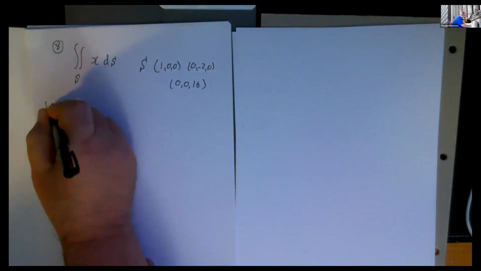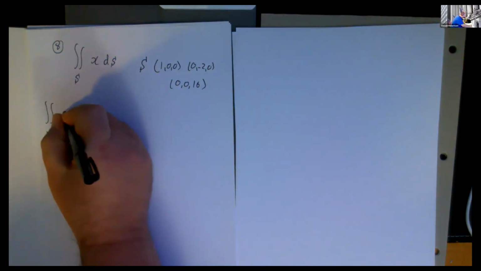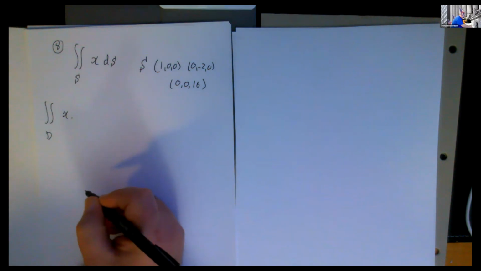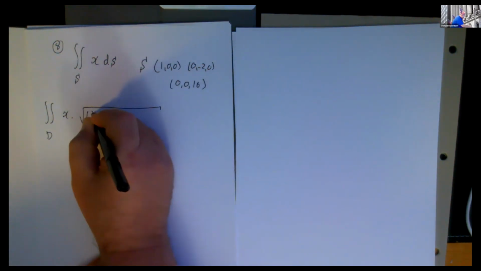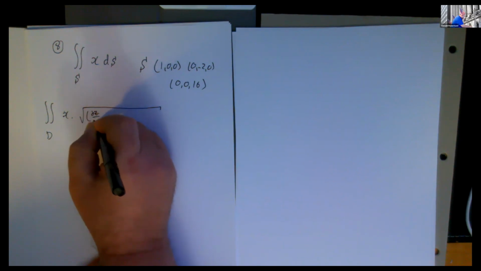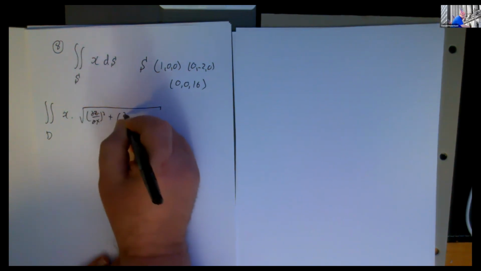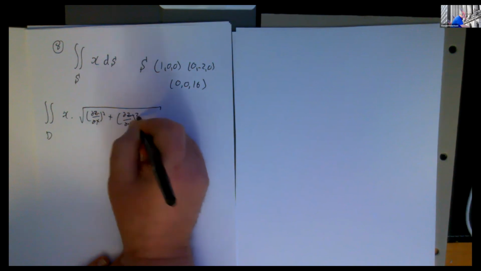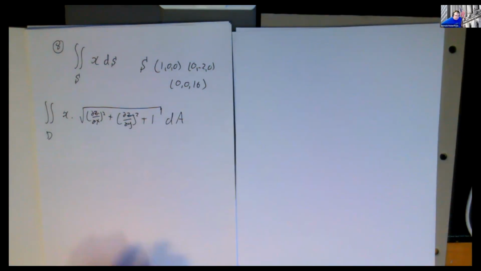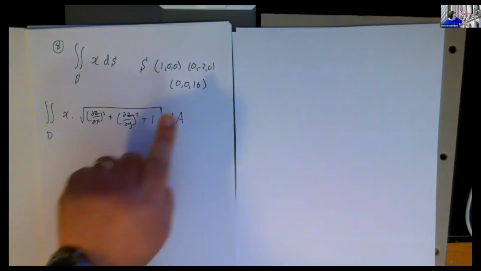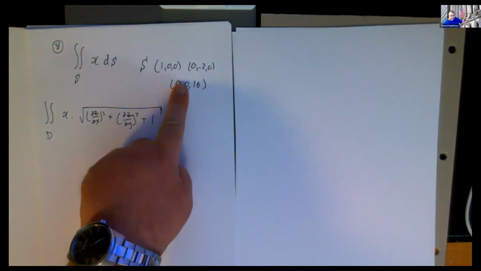It's going to become a double integral of x times the square root of dz by dx squared plus dz by dy squared plus 1 dA. So there are two problems that are not self-evident right now. Problem number 1 is, I do not know who you are.